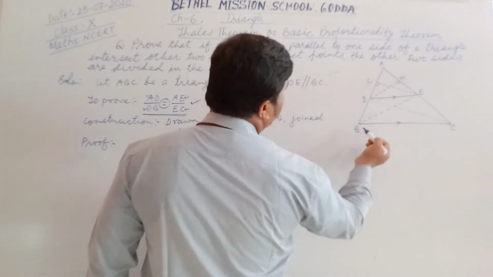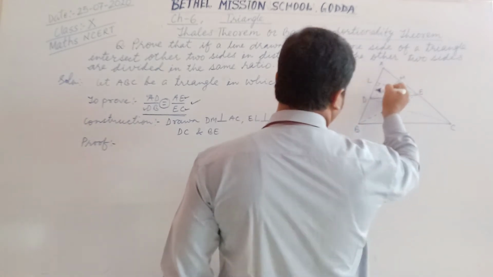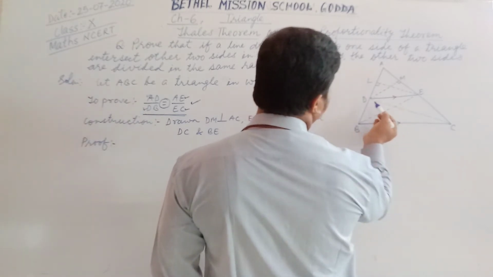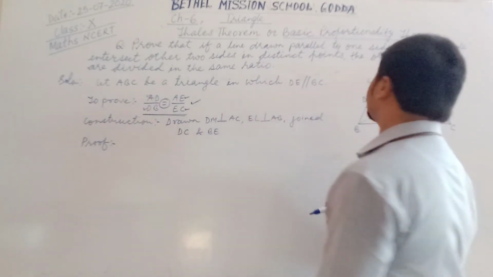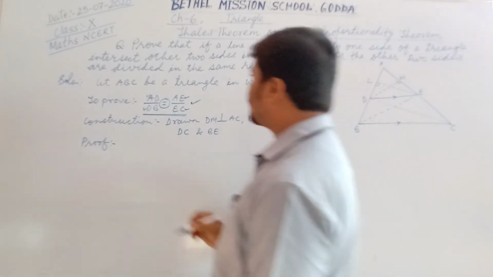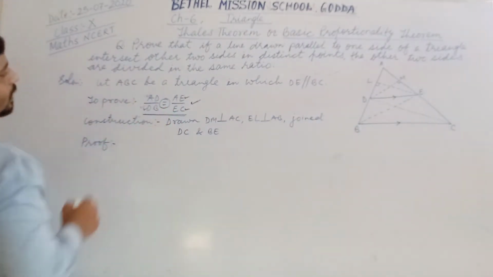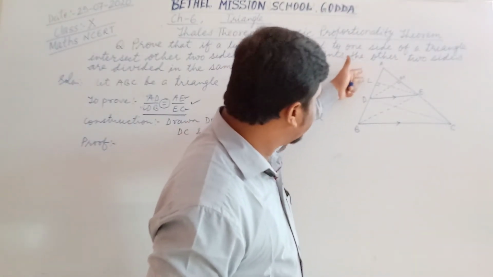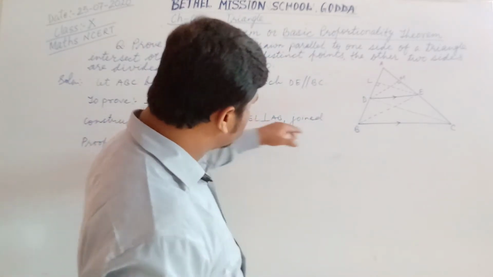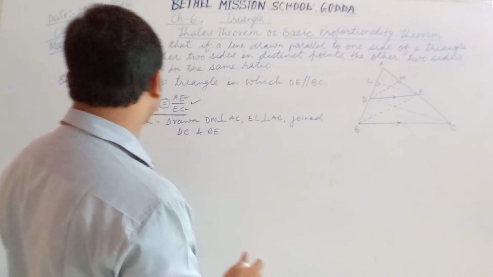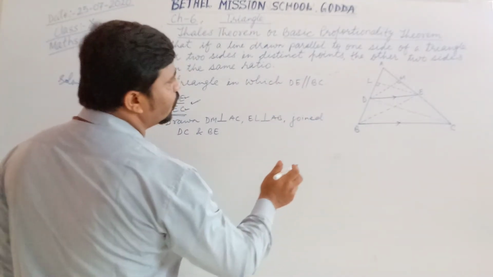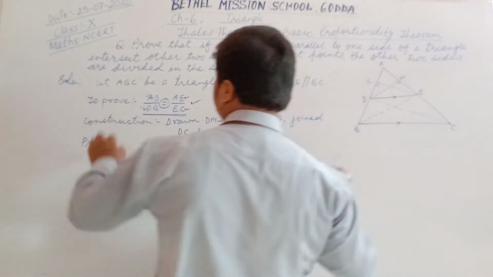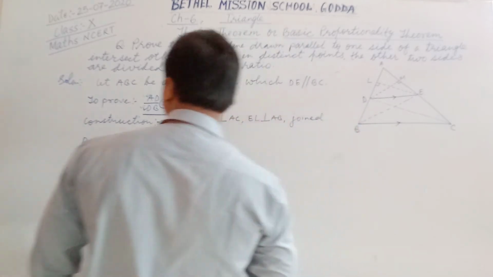Triangle ADE on the side AB and triangle DBE are two triangles on the same side, because we have to bring the ratio AD by DB. AD is on the side AB and DB is also on side AB. Both parts are on AB, so you have to select the triangles such that these two parts come on that side.